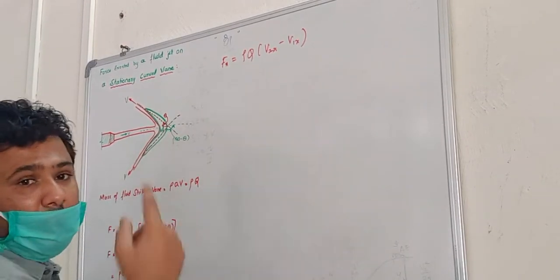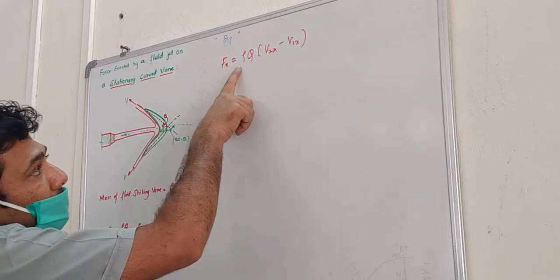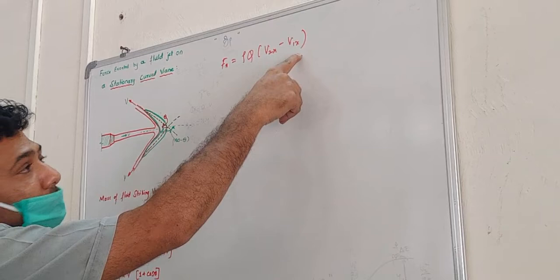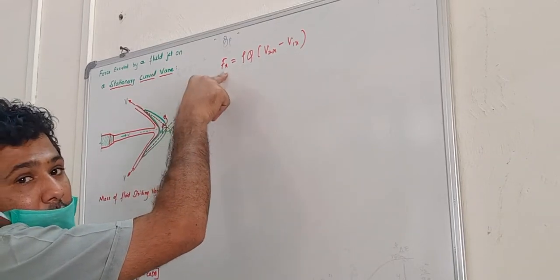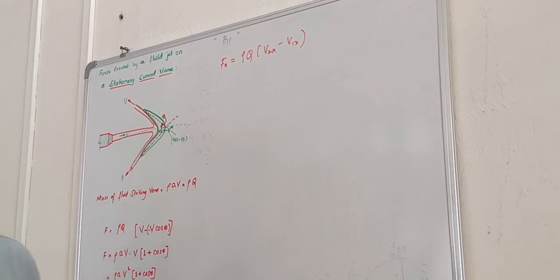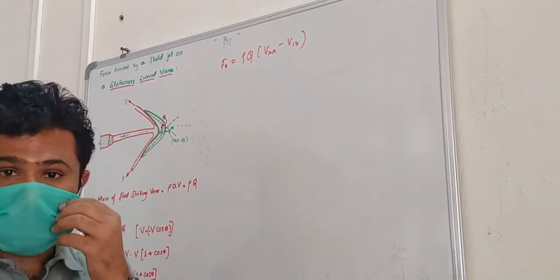What is discharge? Discharge we have to find out, right? So if I know the density of the fluid and the discharge, then v2x minus v1x will give you the resultant force in the x direction. That is what we want to find out here. Basically we used to solve for flat plane, inclined plane and all of those.